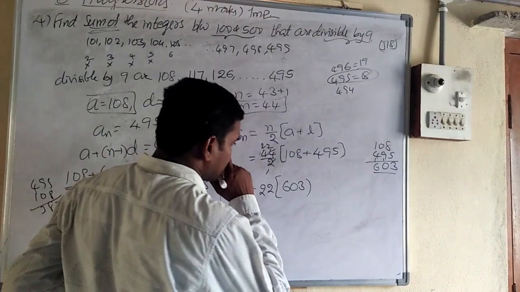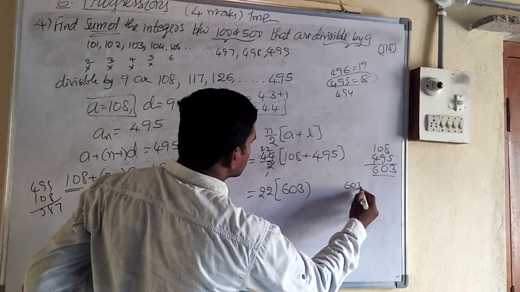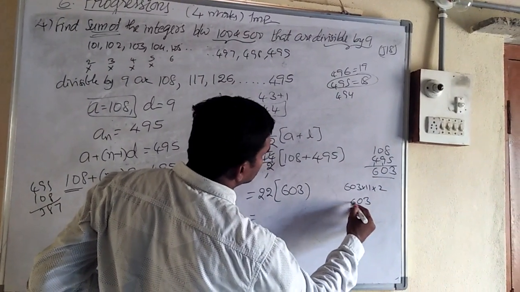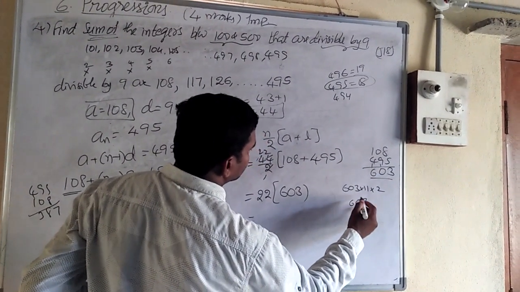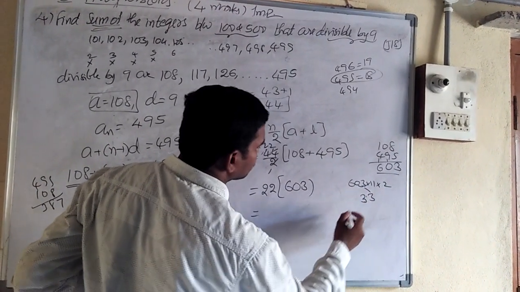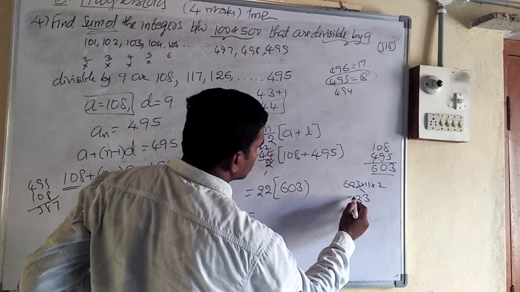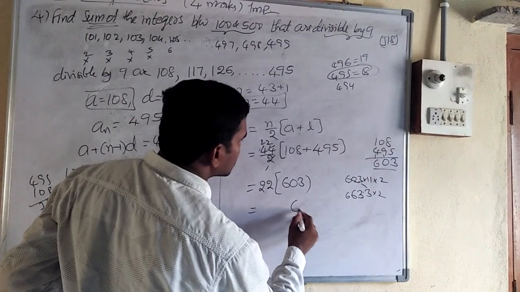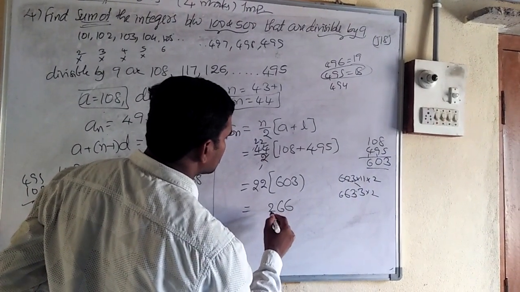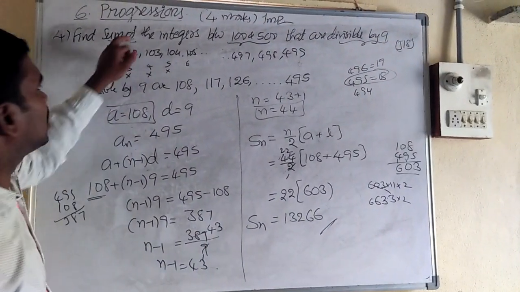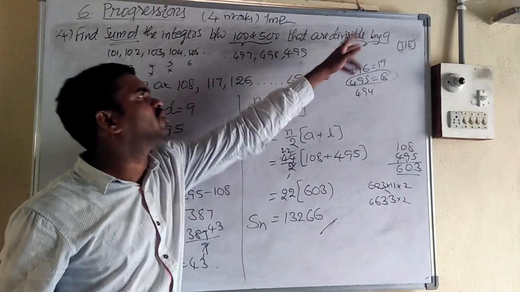Do it, you will get the answer. 603 into 22: 2 threes are 6, 2 sixes are 12, and the result is 13,266. So this is the sum of the integers between 100 and 500 which are divisible by 9.